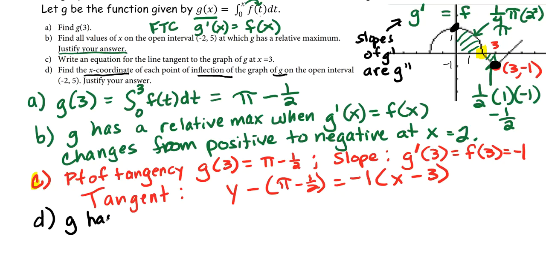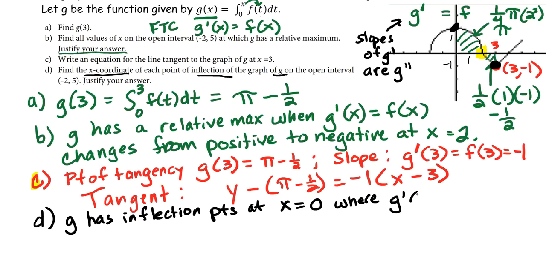G has inflection points at, and I'm going to be very specific here, at x equals 0, where g prime of x equals f of x changes from increasing to decreasing. You could use the letter t, by the way. It doesn't matter.